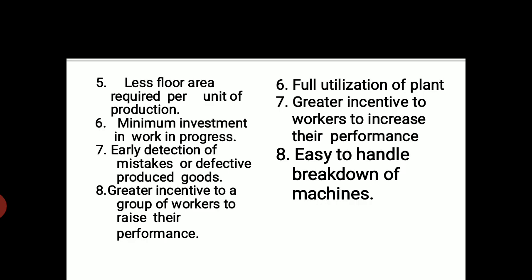That means it may happen that a few of the advantages are available and a few may not be available to an individual manufacturer. It depends completely, but more or less he'll be able to take the advantage of both types of processes. So here we are coming to an end of this particular session.